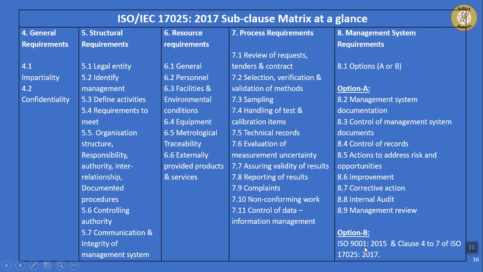Maybe you may like to make some additions, but otherwise that will also be recognized as your management system, if it covers the laboratory activities also. So two options are given. This is the flexibility, and the other clauses you have to comply with, whether you go for option A or option B.